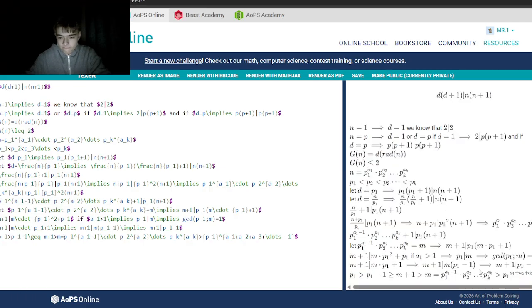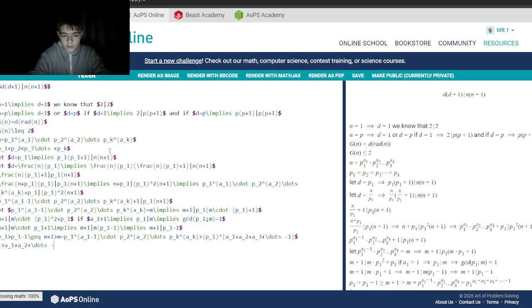Okay, and since p1 is more than this, we know that 1 is more than a1 plus a2 plus so on minus 1.